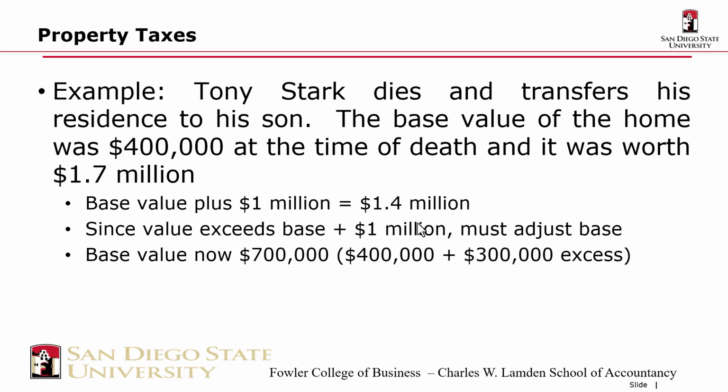That's his old $400,000, plus the increment between the home's worth at the time of the transfer, less the base value plus $1 million. That's the $300,000. So the new base value for the son is only $700,000. That's not a bad deal, right? Because he gets to exclude that $1 million increase.